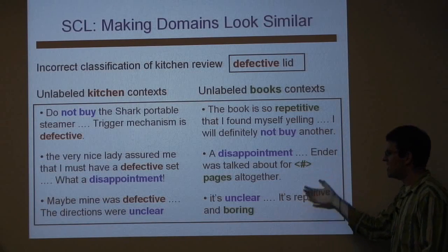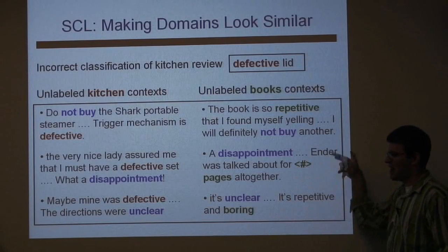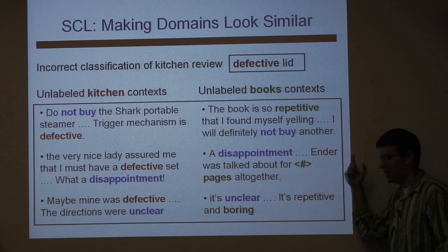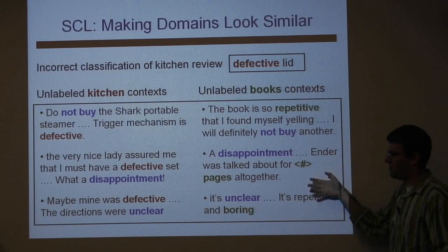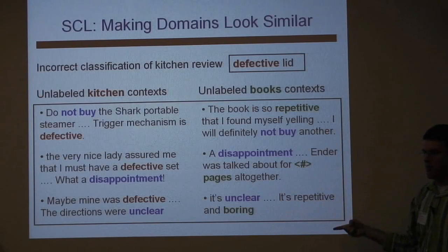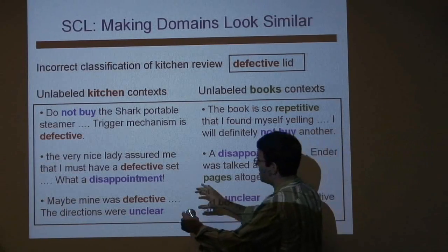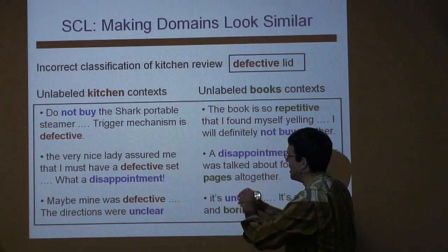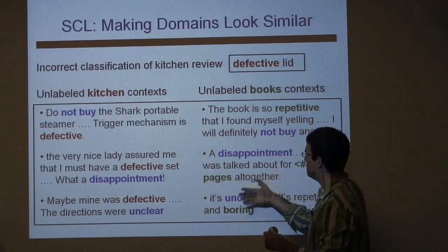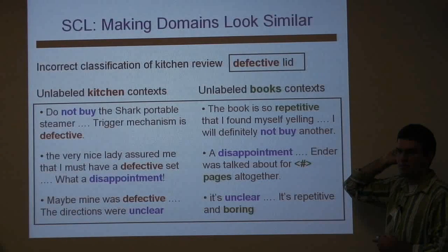"A disappointment, Ender was talked about for some small number of pages altogether." Ender is a character in this book that this guy really liked, and he didn't get enough face time, I guess. "It's unclear, it's repetitive, and boring." So again, we want to somehow use the co-occurrence with these blue features to realize that "defective" is like "boring," "number of pages," or "repetitive" when you go to books.